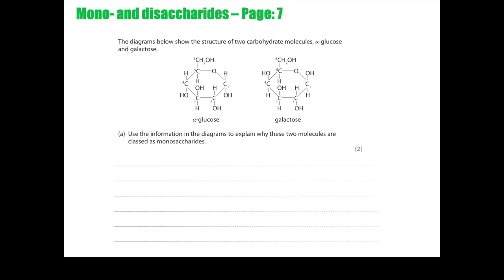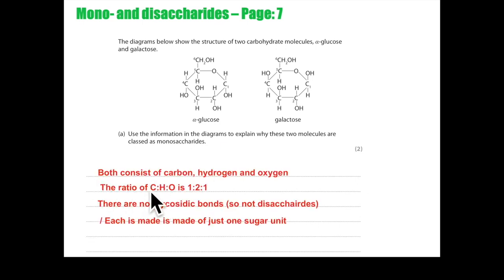The unique properties of monosaccharides are, first of all, the fact that they have this ratio. If you had the time, you could count the carbon, hydrogen, oxygen, and you'd realize they have this ratio. Another thing is that they are not disaccharides because I don't see any glycosidic bond, right? So each one here is just made of 1 unit.